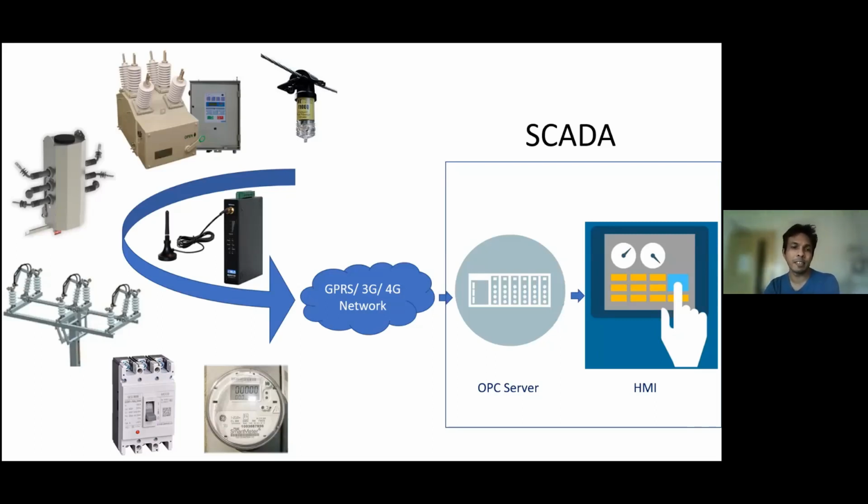Now, since we are talking about distribution today, I use the term line equipment. The line equipment are the things that Dinesh explained about. Here are the line equipment we normally come across: fault indicators, autoreclosers, and here are the meters and MCBs.